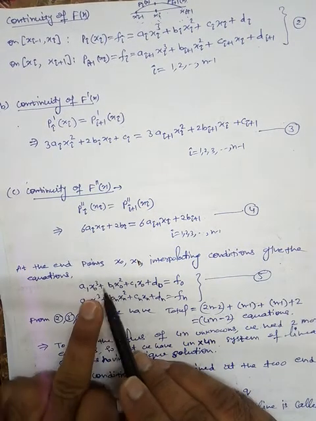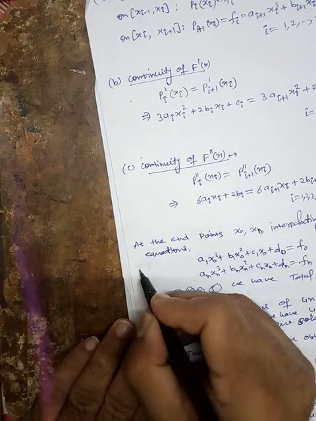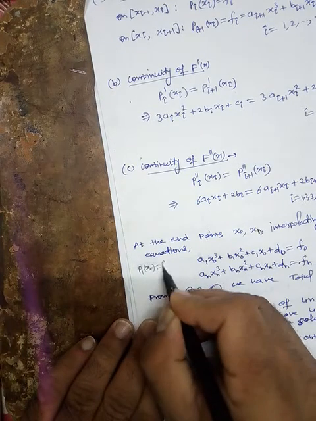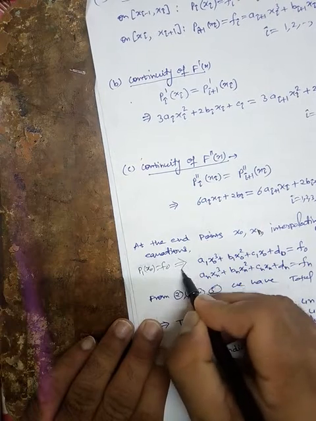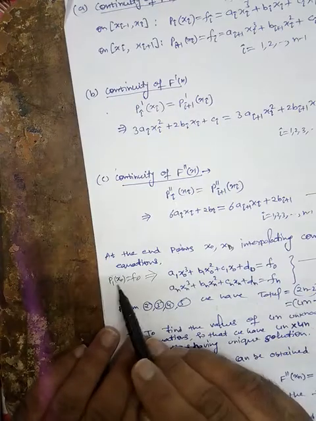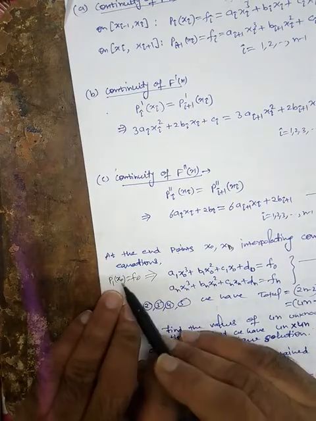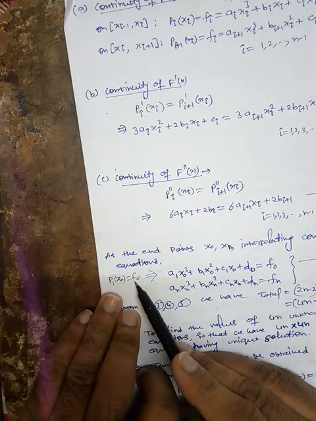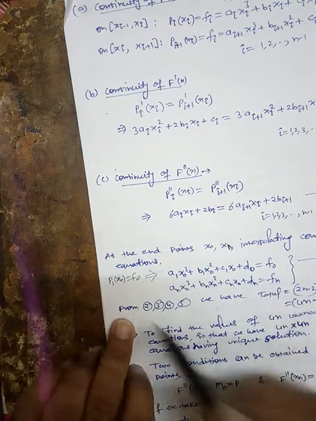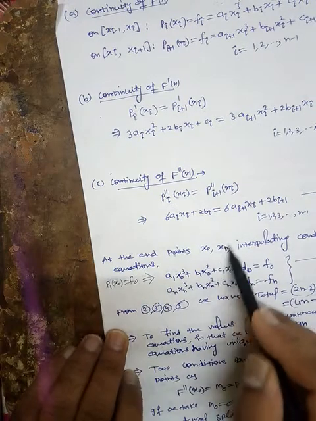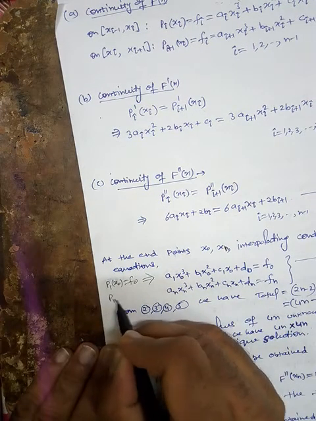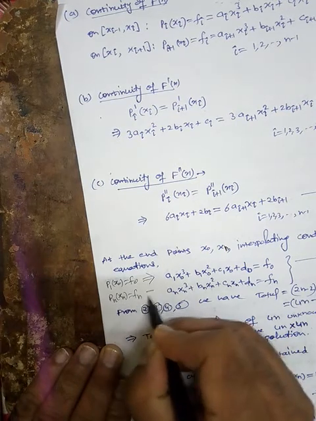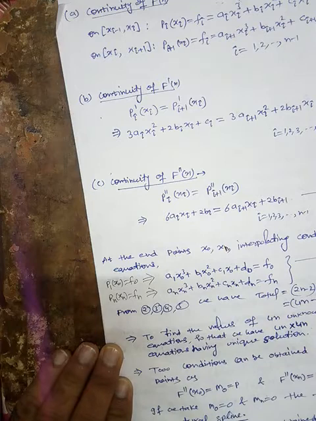So here what we have seen is that P1 at x0 is equal to f0. This implies this condition, because in the first interval we have polynomial P1. Similarly, at the last point xn, we have polynomial Pn at xn is equal to fn. And this implies this condition.